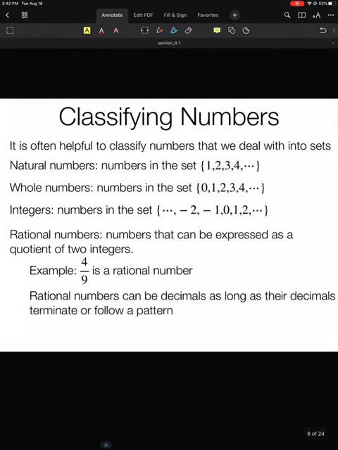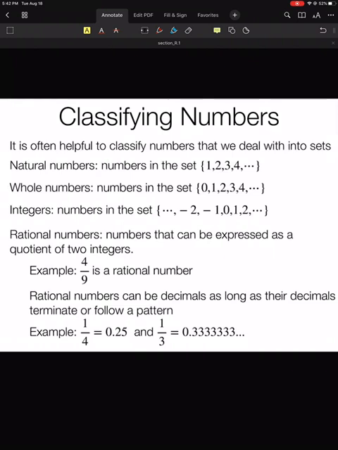Rational numbers can also be decimals, as long as their decimals terminate or follow a pattern. So what do I mean by that? If we take 1/4, 1 divided by 4 is 0.25 as a decimal, and there's nothing after the 5, so it terminates or it ends there.